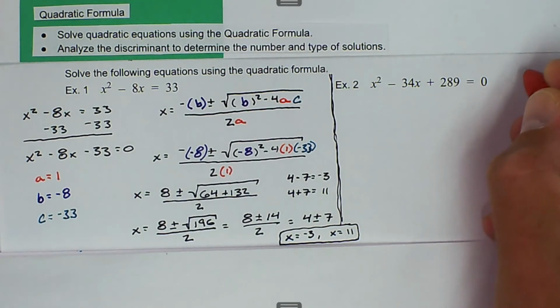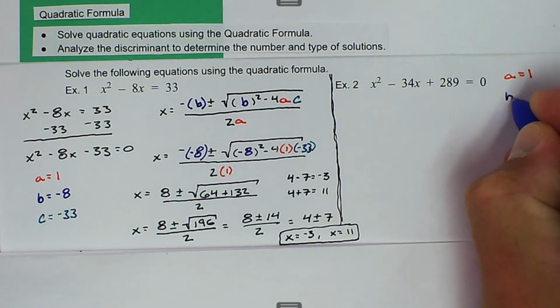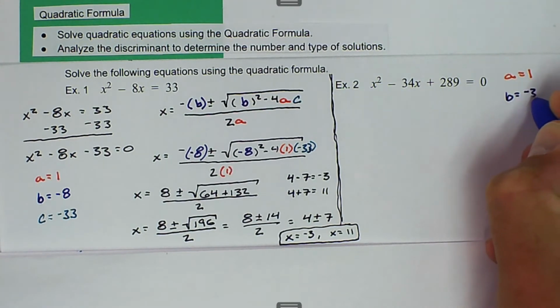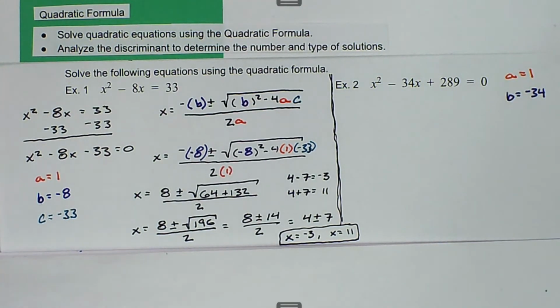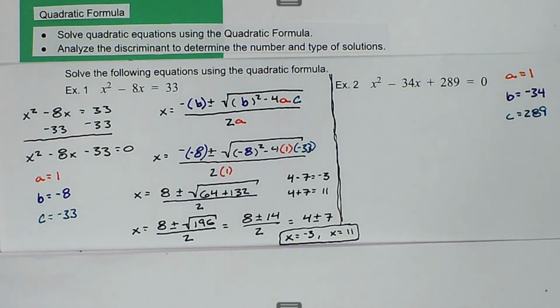We know that a is equal to 1, b is equal to -34, and c is equal to 289. And then we can substitute those into the equation.